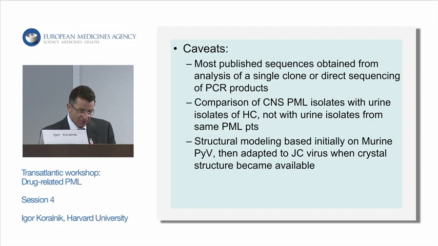In addition, they compared PML isolates with the urine from the healthy controls, not with the urine sample from the same PML patients. And initially, the structural modeling was based on murine polyomavirus, then was adapted and retrofitted to JC virus when the crystal structure of JC virus VP1 became available.